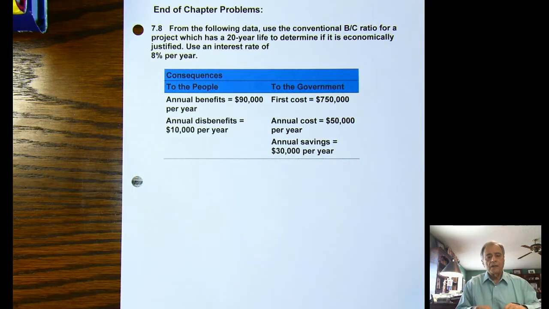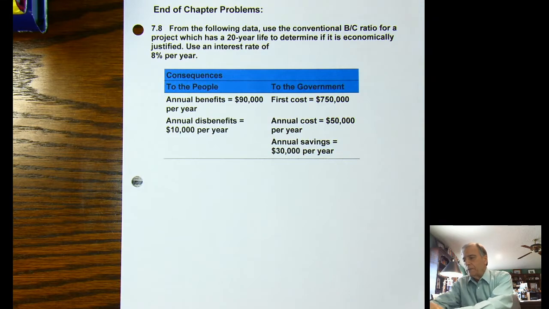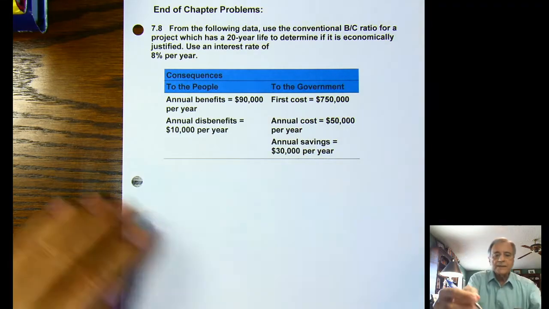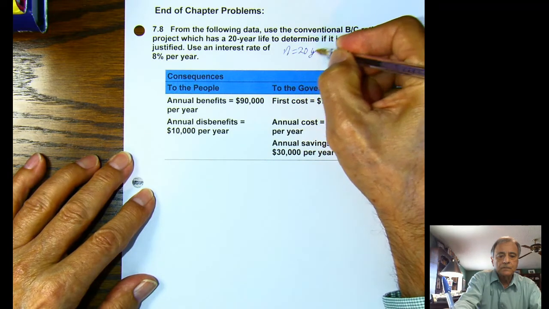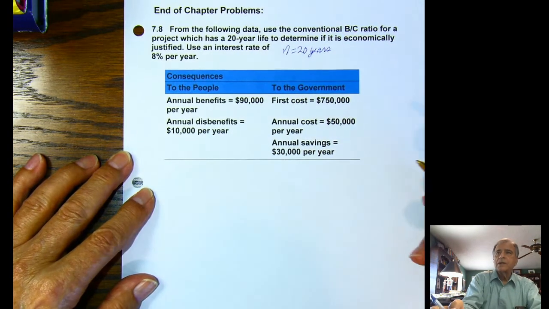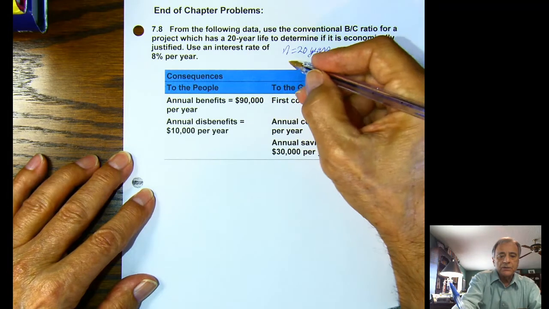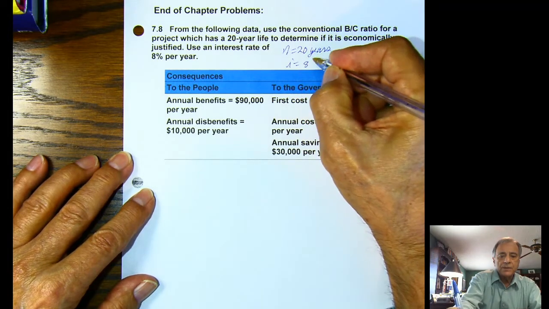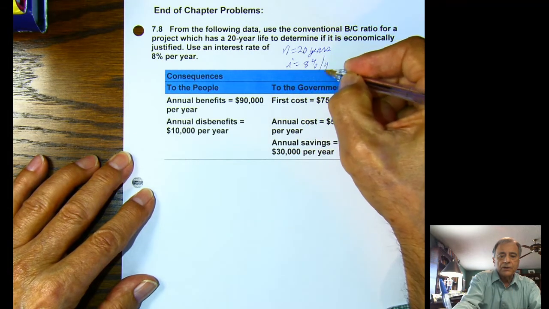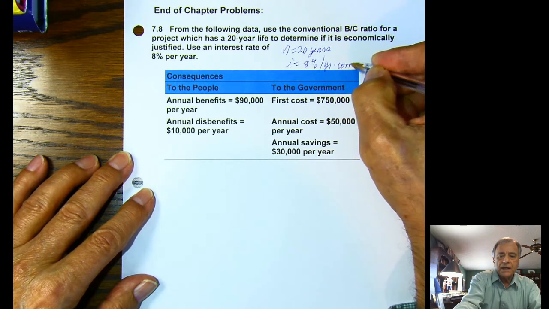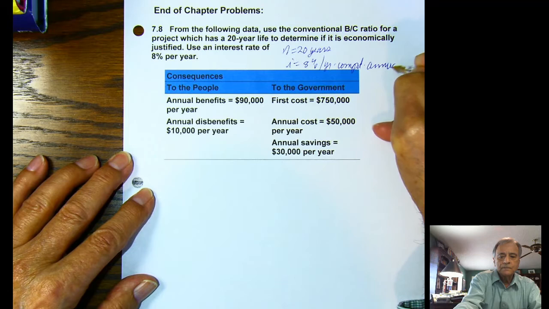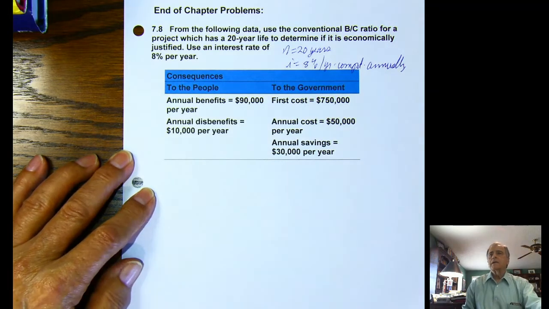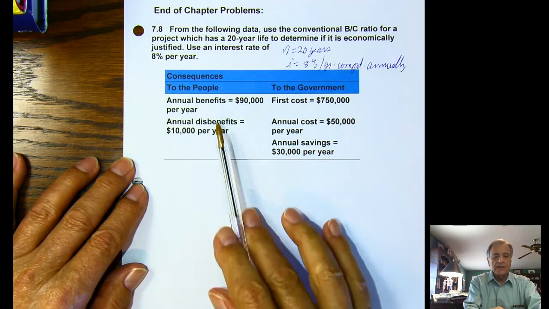So we're given the planning horizon. So we have n equals 20 years. And we're given the i that we're going to use. i is equal to 8% per year, and we are assuming compounded annually. And now we have some data.